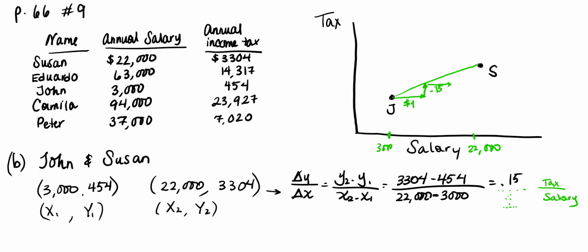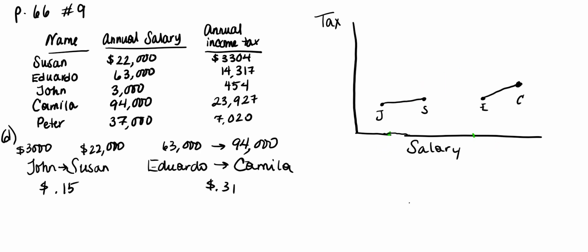And now let's just consider lastly what happens to the slope as the salary increases in Part C. Part C tells us to consider what happens as the salary increases, and we can really just consider the two slopes that we've already calculated in Parts A and B. Moving from John to Susan, we're moving from a salary of $3,000 to $22,000.